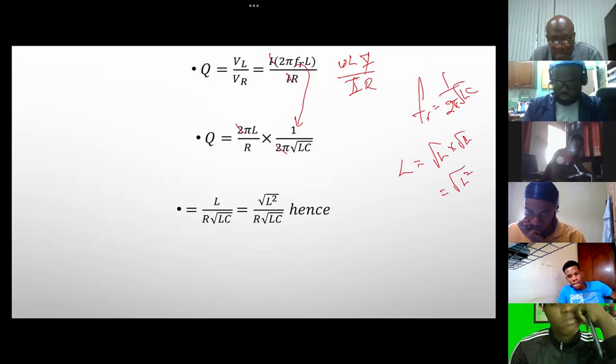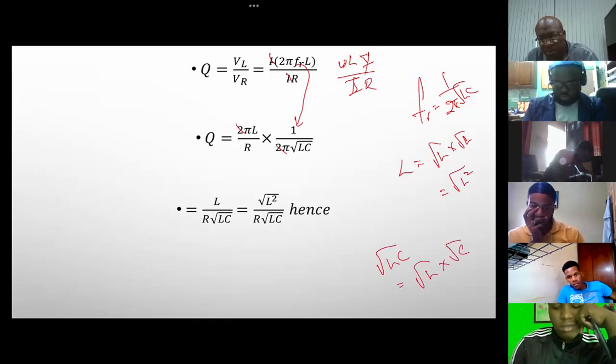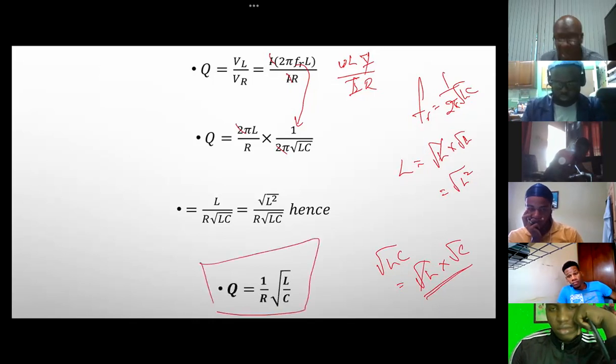And in the denominator, the root LC is equal to the square root of L times the square root of C. So these cancel. That and one of that cancels, and we are left with that expression. So the quality factor is equal to 1 over R and the square root of L over C.